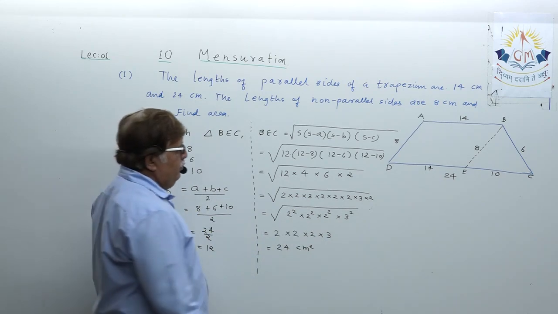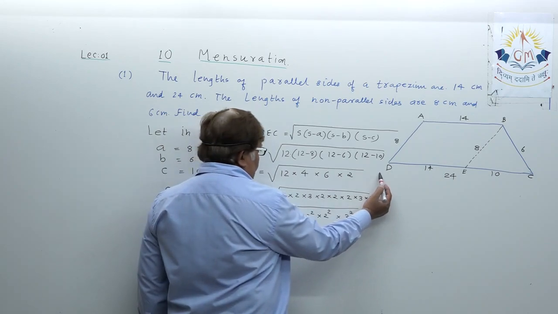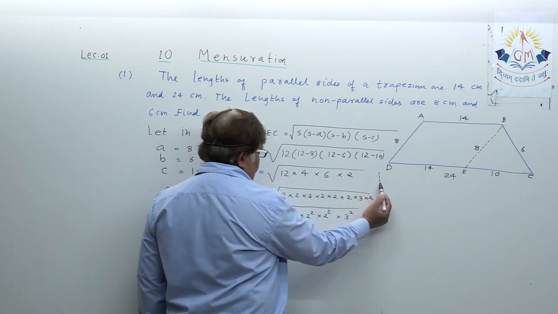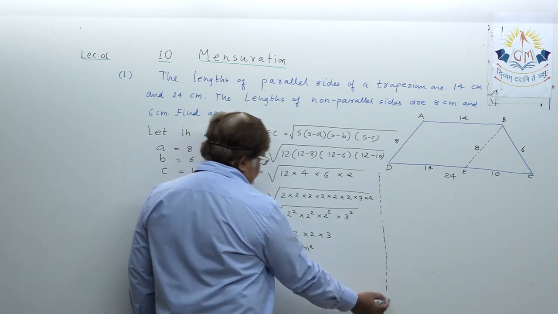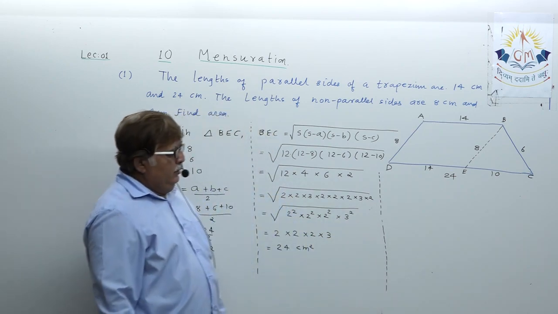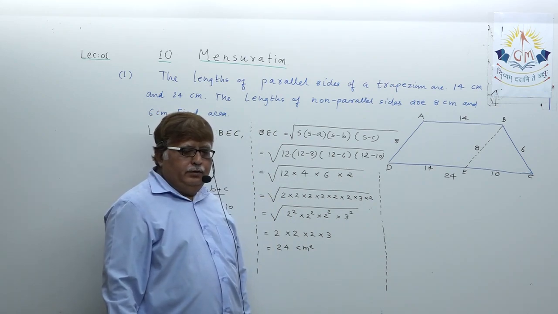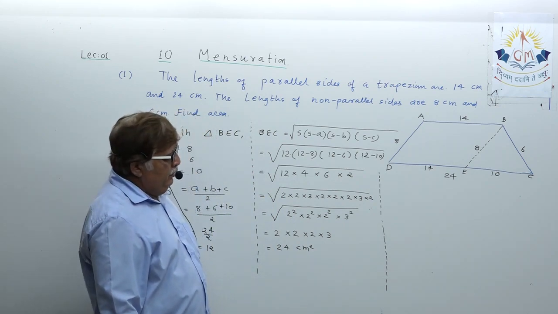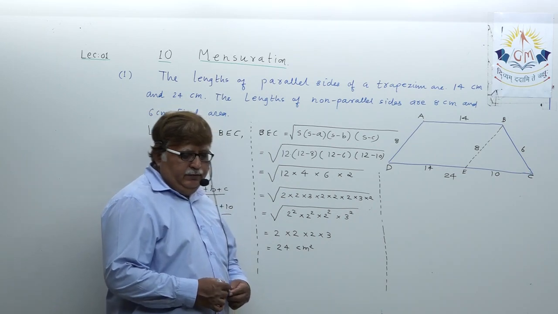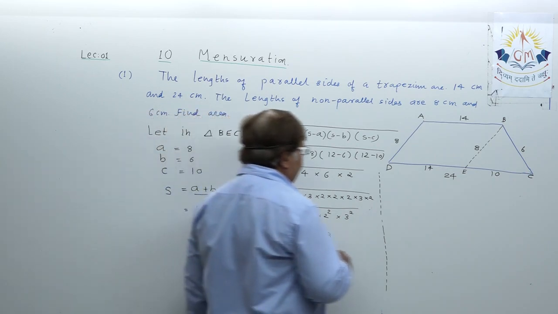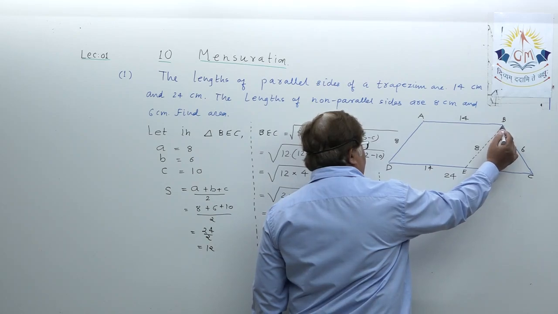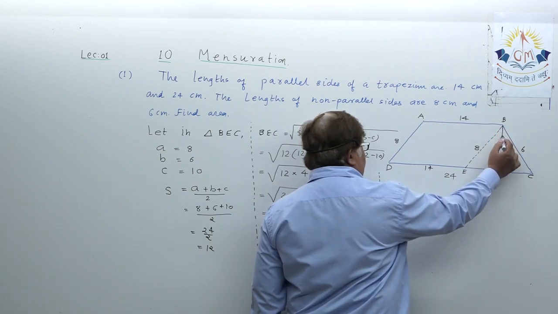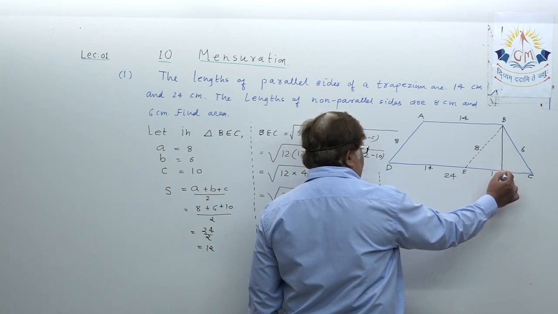So we got the area of only the triangle, dear student. Our target is to find the distance between the parallel sides, and for that purpose I will draw one altitude here.